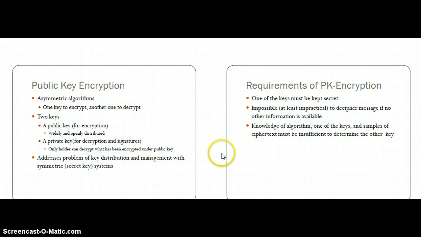If we continue with the requirements for public key encryption, one of the keys must be kept secret, which we call the private key. That private key is secret to the owner of that key. It is impossible, or at least impractical, to decipher a message if no other information is available. Knowledge of the algorithm, one of the keys, and a sample of the ciphertext must be insufficient to determine the other key.